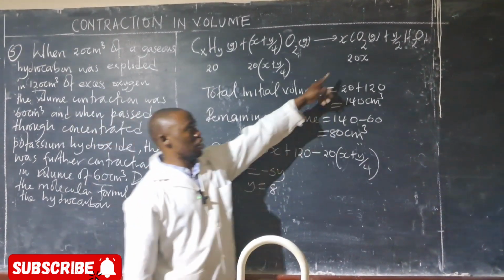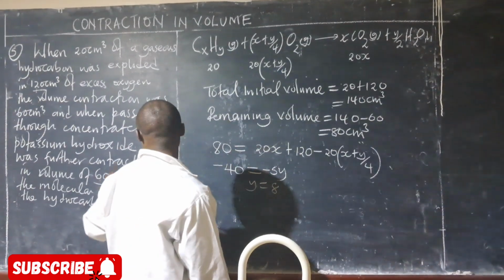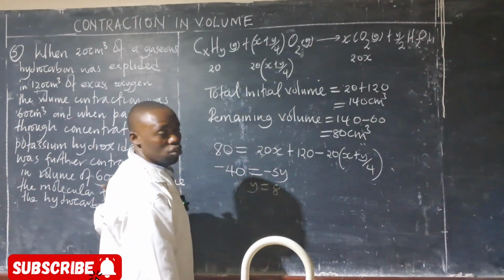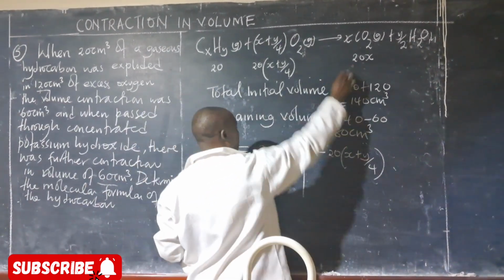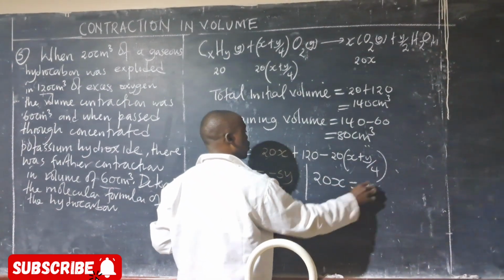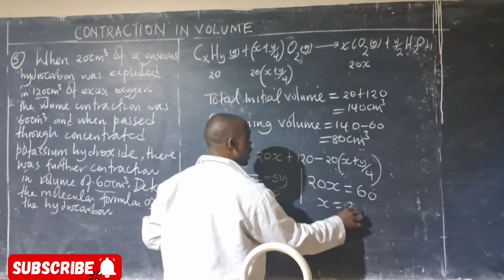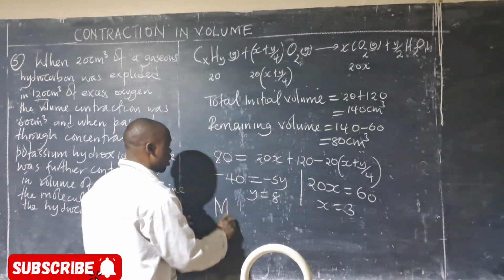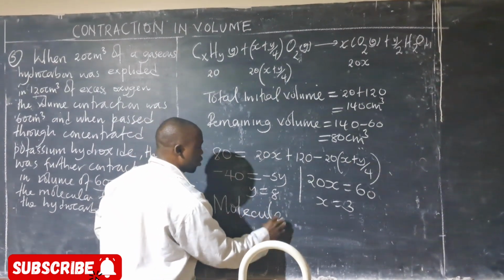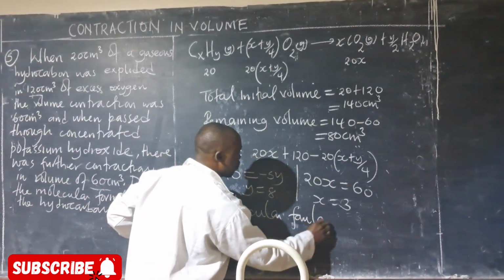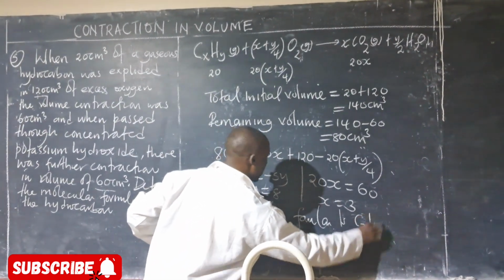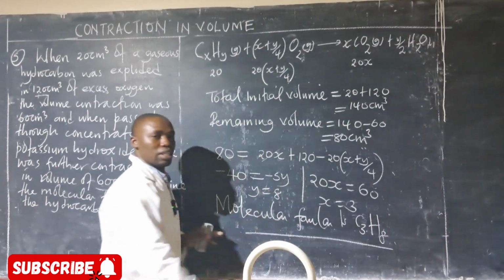But of course, we know that 20x is actually equal to the second contraction. So we can have this 20x equaling 60, and x becomes 3. So the molecular formula is C3H8. Thank you.